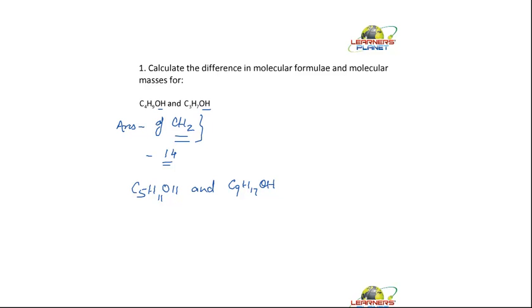You first try to find out the difference in their molecular formulae. What is the difference between them? How many carbon atoms are more? The difference is C4. And how many hydrogen atoms?